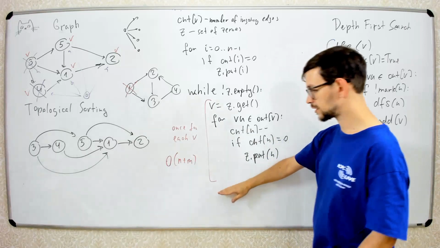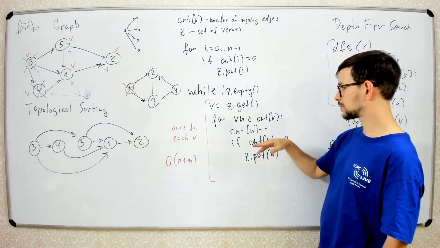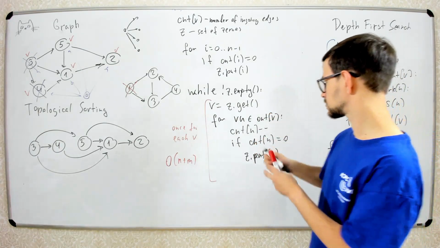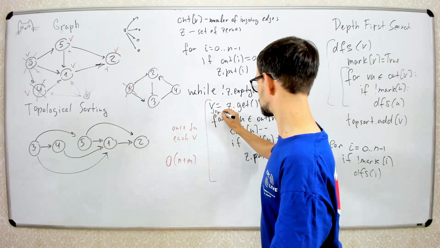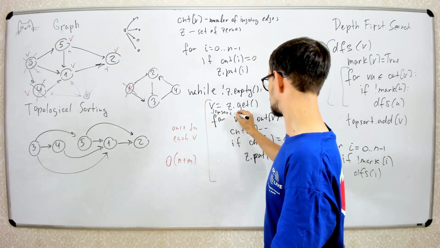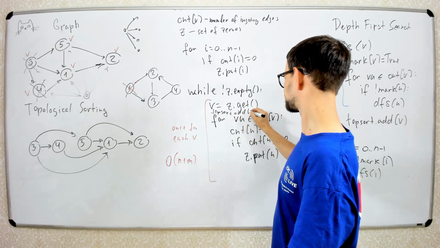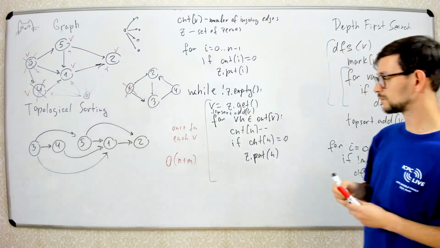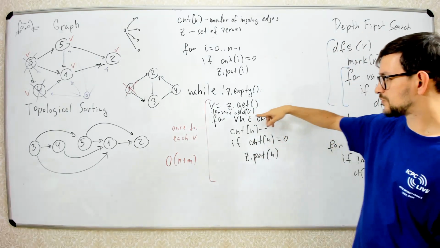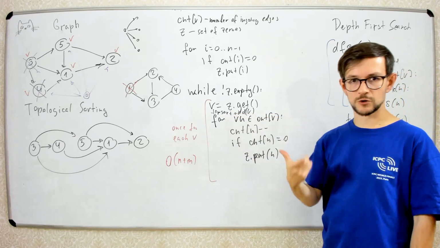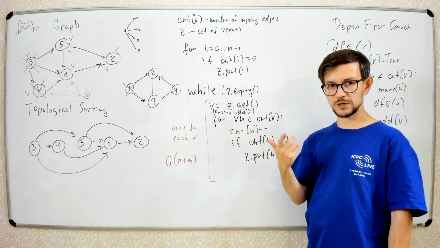So you can check in the end if this topological ordering has all elements. If in the end this topological ordering does not have all elements, it means we have some cycles.